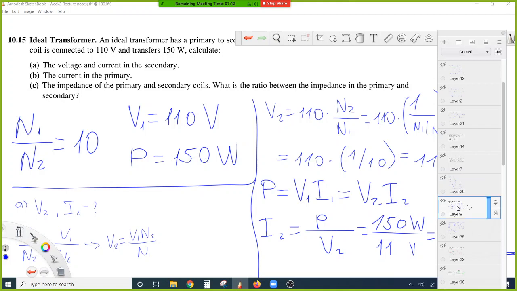The impedance of the primary and secondary coils. What is the ratio between the impedance in the primary and secondary?